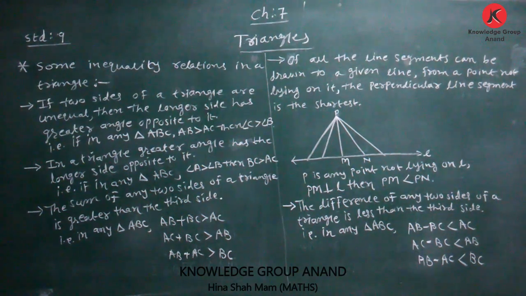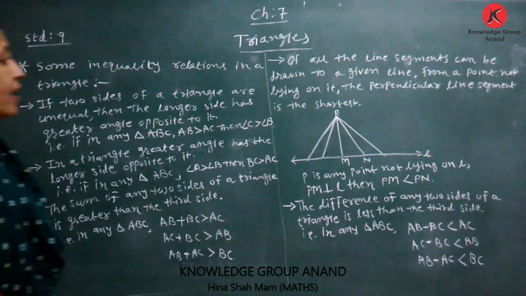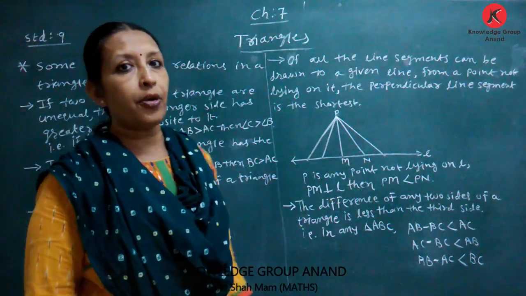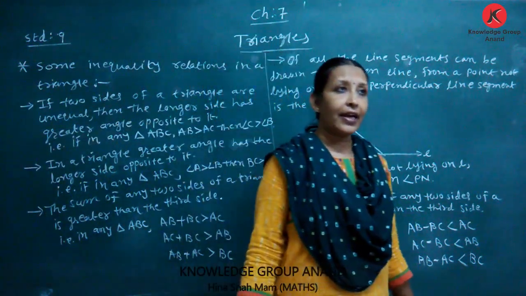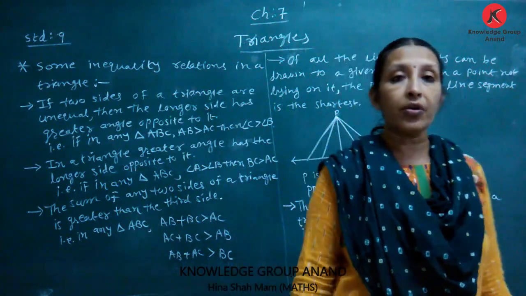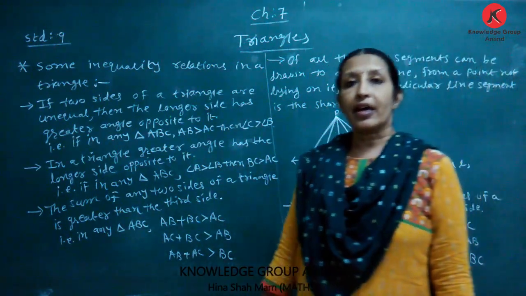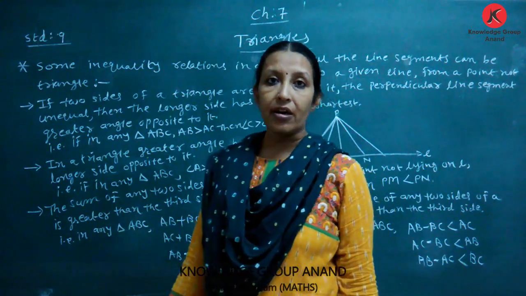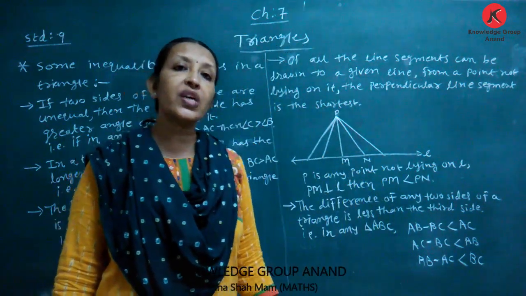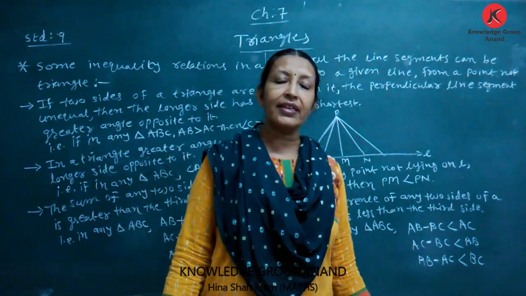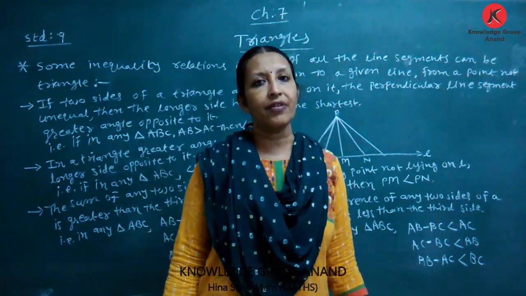In chapter 7, we learn some important topics. In the previous lecture, we learned criteria of congruence of triangles, and the theorem: if in a triangle two sides are equal, then their opposite angles are equal.